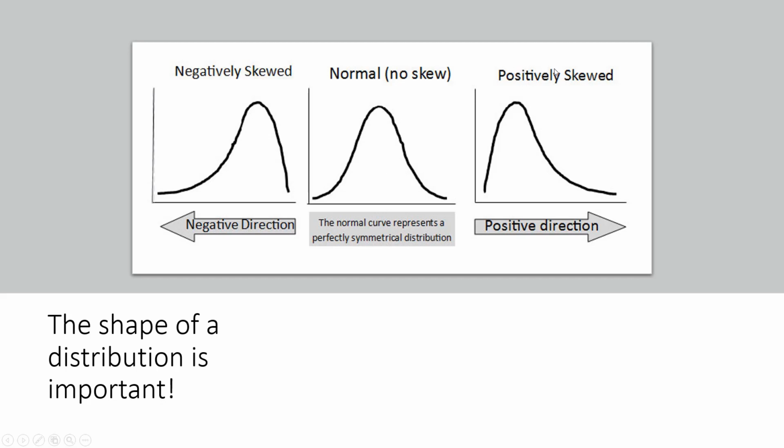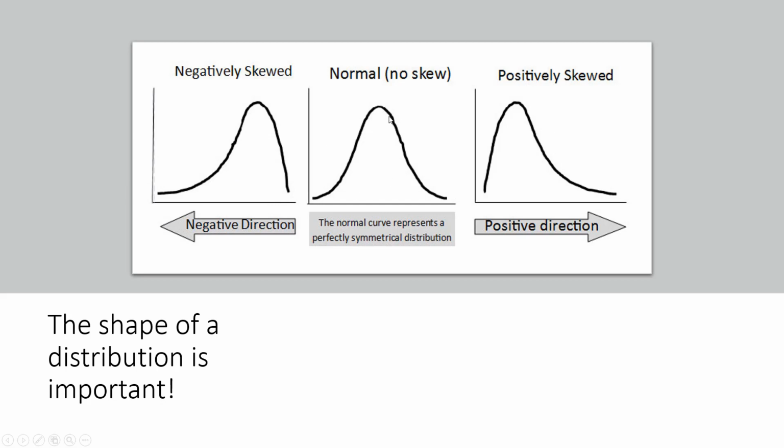When you have something called positive skew, it means that the peak of a frequency distribution is towards the left-hand side, and we'll have a long tail towards the higher values on our variable. In a negatively skewed distribution, we have a peak at the higher end of our scale with a long tail to the lower scores on the variable. So you can see this is in the negative direction, this is in the positive direction.